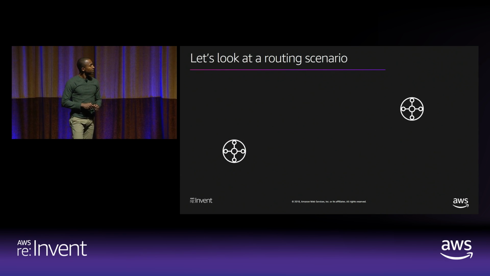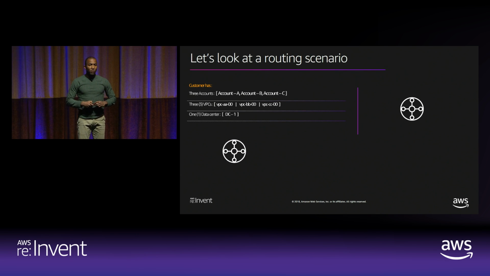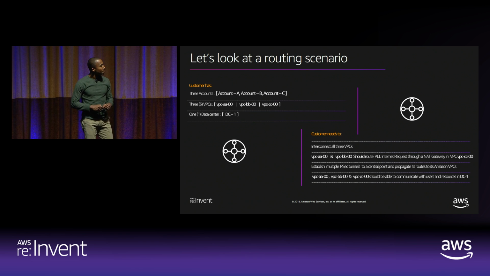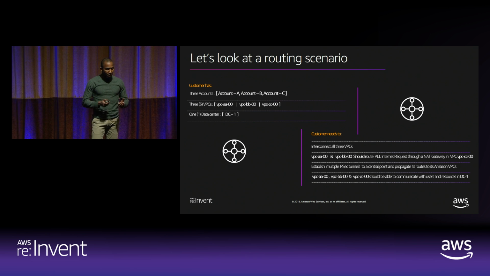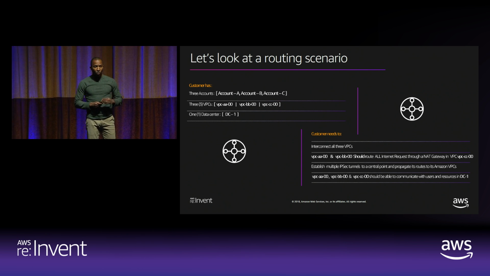So let's look at some routing scenarios. We're going to look at 4, actually. One of the routing scenarios I'm excited to show you is how do I centralize access to the internet using Transit Gateway. So each VPC doesn't have its own access to the internet anymore.